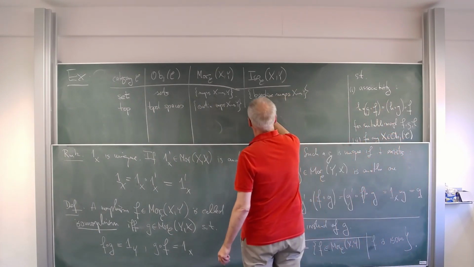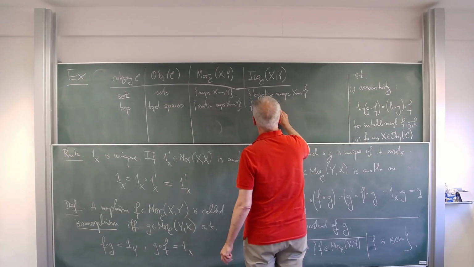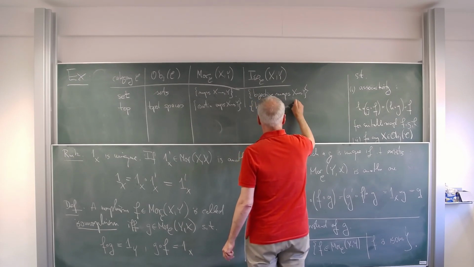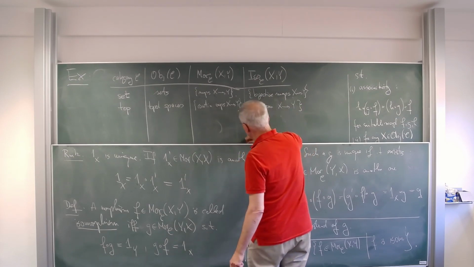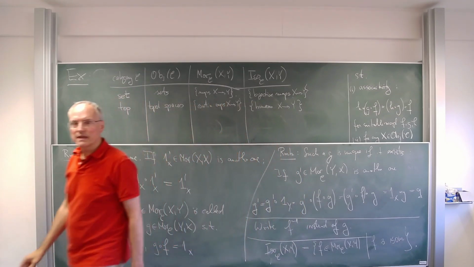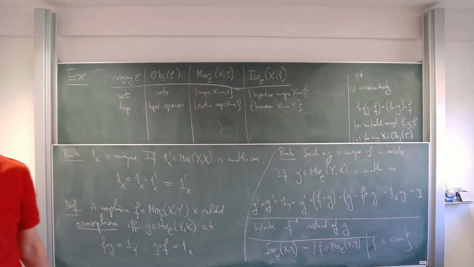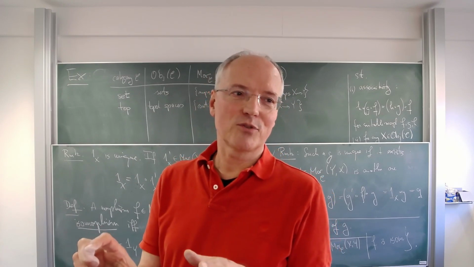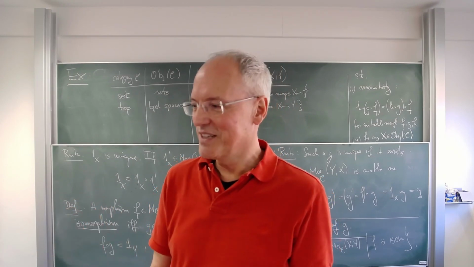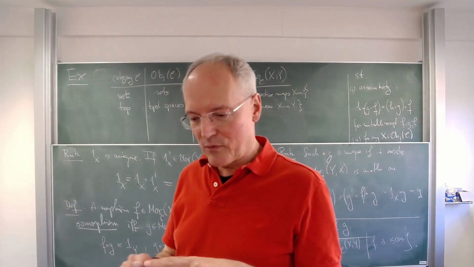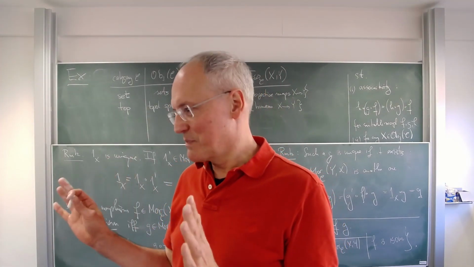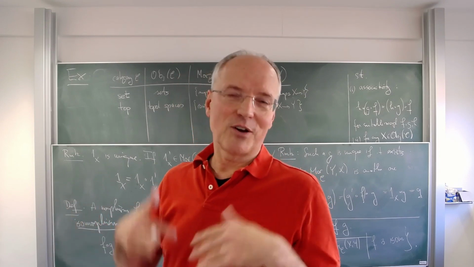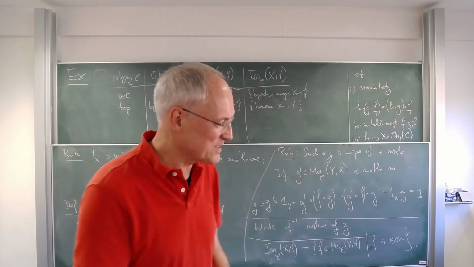Yes, these are the homeomorphisms from x to y. Is this the same thing as saying these are bijective continuous maps? So my question is: is the inverse of a bijective continuous map automatically continuous? For example, if you have a bijective linear map between two vector spaces, the inverse is automatically again linear. So what's a counterexample?